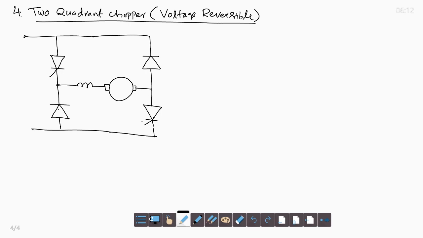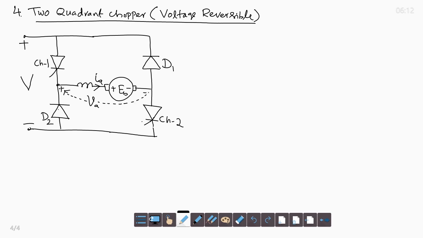So, at the left you have the DC supply V, this is CH1, this is CH2, 2 chopper switches, this is diode D1, this is diode D2, and this is the motor, with back EMF EB, this is the motor current IA, and this is the VA.